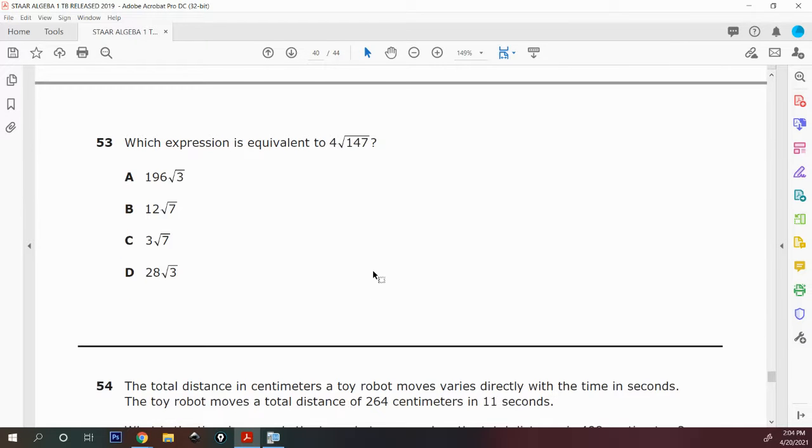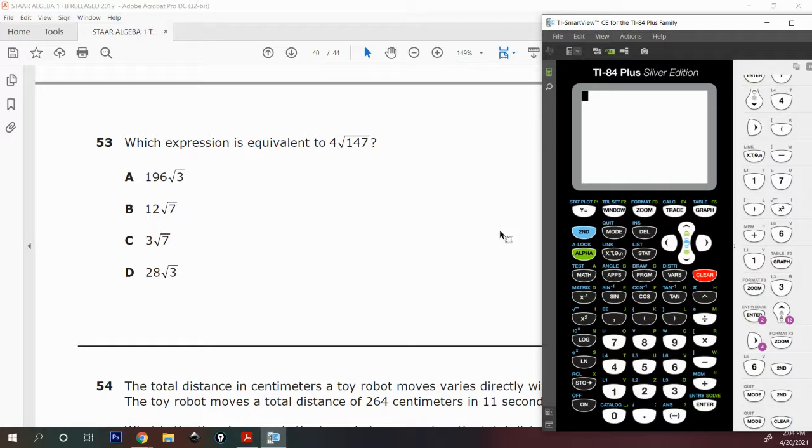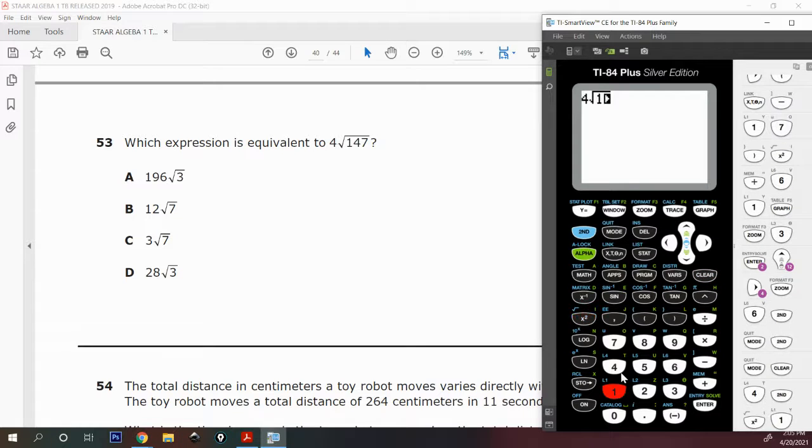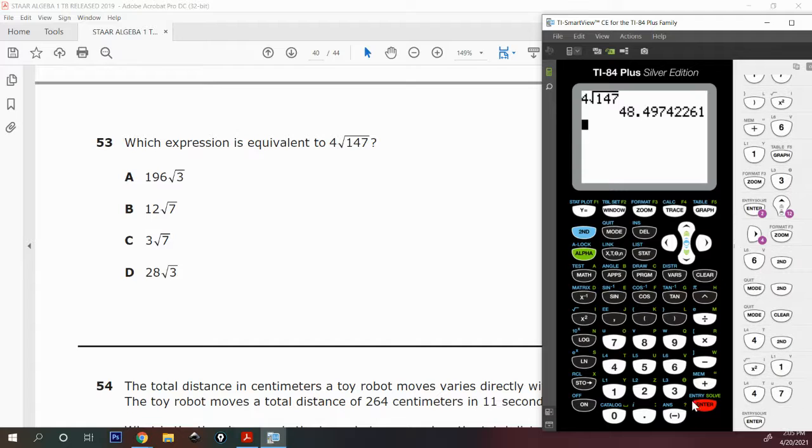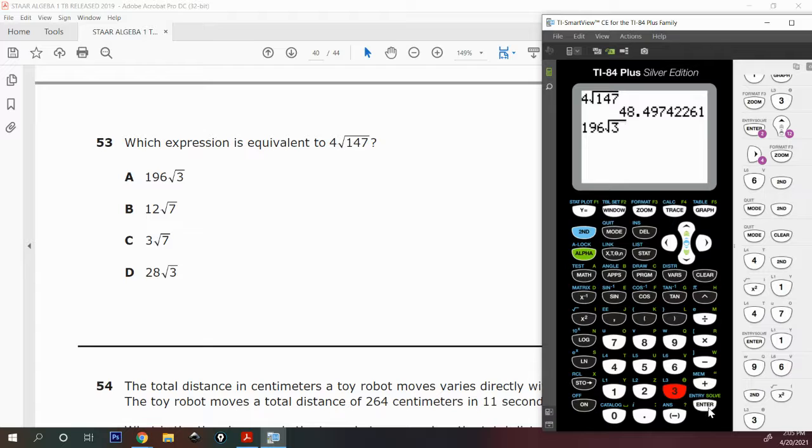Which expression is equivalent? Now, on the equivalent ones, you can work this out or you can just type it in a calculator. So I'm going to do 4 square root 147. All right, that gives me this horrible 48.4, blah, blah, blah. And I'm just going to type in the answer choices. So 196 square root of 3.